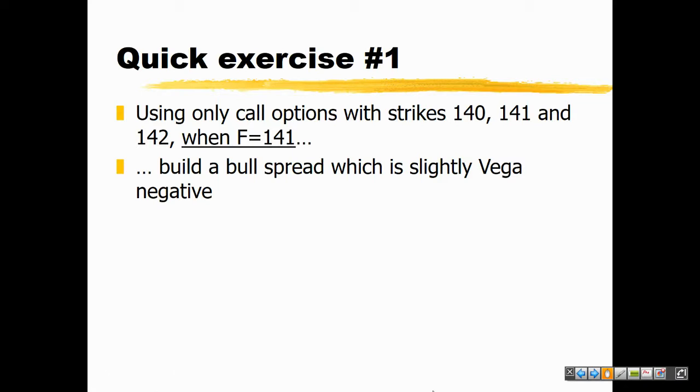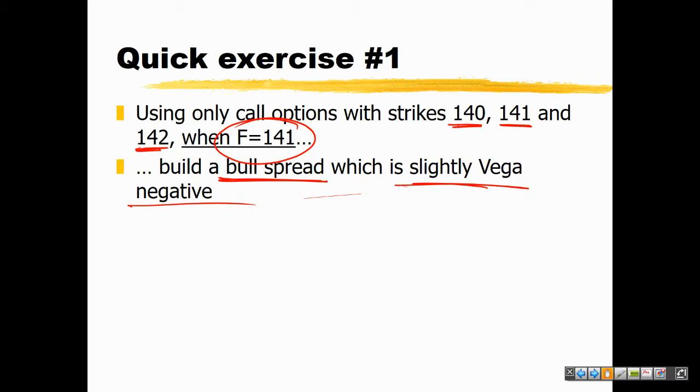So imagine that you can trade only call options with strike 140, 141, and 142, when the future trades 141. So you have a set of 3 prices around, centered on the current future price. What I'm asking you is the following, is to build a bull spread which is slightly Vega negative.